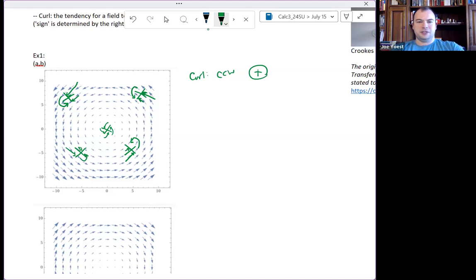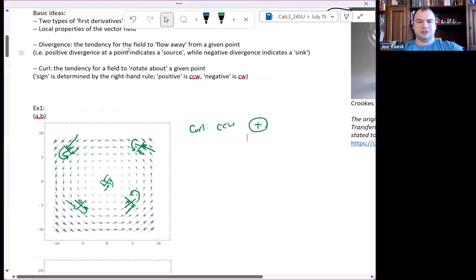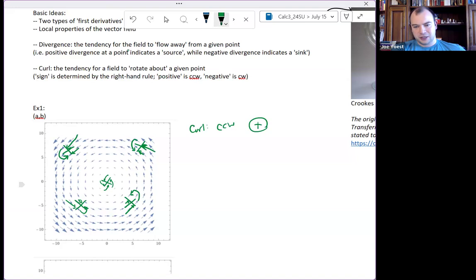Now, what about divergence? I guess divergence, again, is really a local property. It's a property at a point. It's really hard to visualize what's happening at a point, though. So typically what we would do is draw, say, a little circle or perhaps a little box. And I would imagine the vectors going in across the boundary of the circle and the vectors going out across the boundary of the circle.